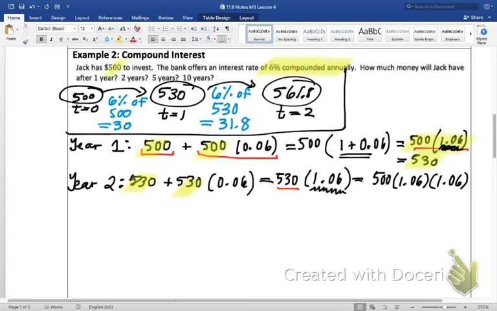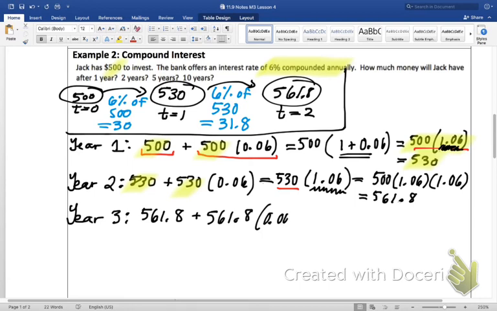Okay, so we're going to start to see this same pattern repeat itself for year 3. So the year 2 amount, by the way, was that 561.8. So if you were to multiply 500 times 1.06 times 1.06 again, you would get that 561.8. So again here, the year 3 then is taking 561.8 and adding to it 6% of it. Right?